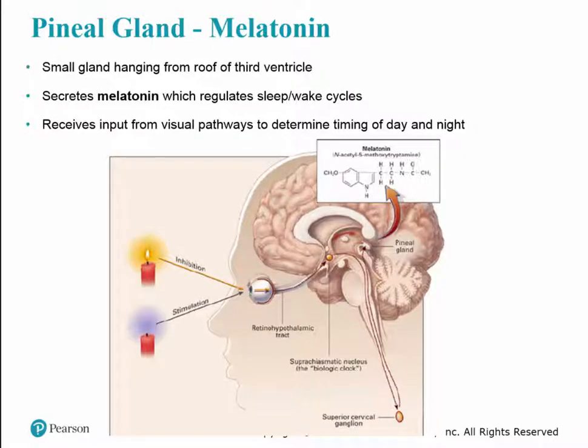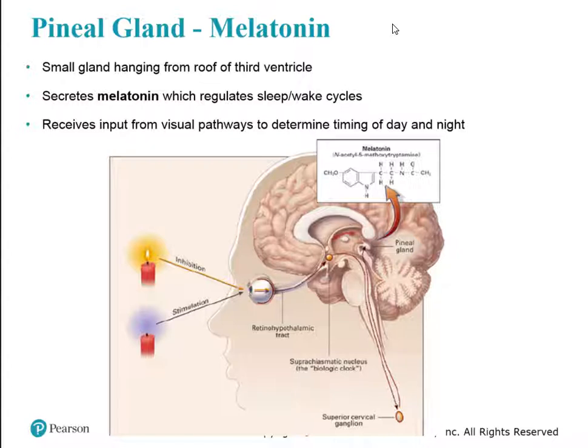So the next endocrine organ we'll look at is the pineal gland. It's just a small gland that hangs inside the brain. It secretes a hormone called melatonin, which is responsible for regulating our sleep-wake cycles. It receives input from the visual pathways to determine the timing of day and night.